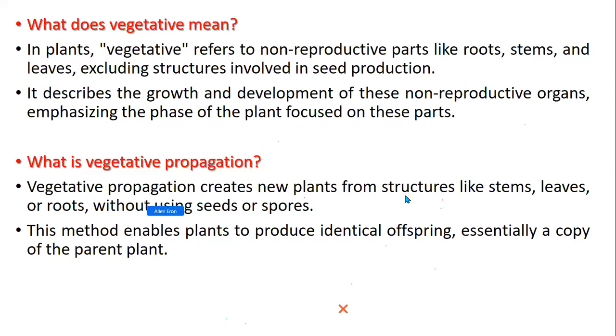Teacher, I'm a bit confused. I have two questions. Firstly, sexual reproduction in plants involves seeds, right? Yes. And then asexual is the one where you use the plant parts, right?